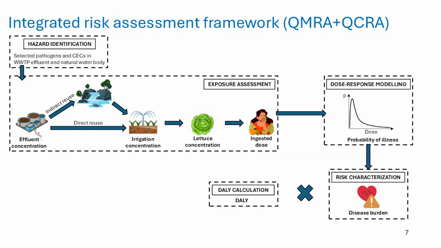This was the framework for the risk assessment. We considered lettuce because it's eaten raw, so that would give us the most conservative case, rather than something that's cooked and the microbes die, of course, and then the risk should be negligible. And we're going through the entire risk assessment process that I talked about, and then translating to disease burden.